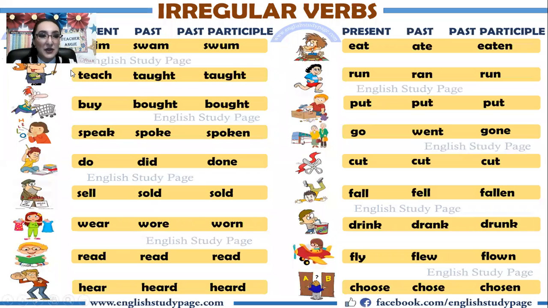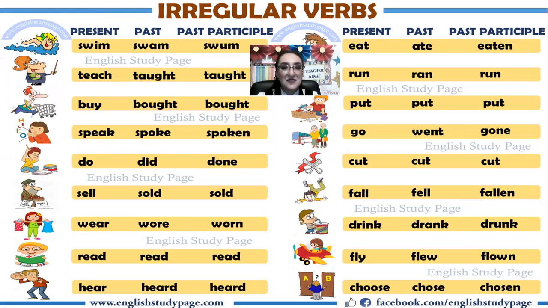And also, you are going to be having super lists of English verbs. Swim, swam, swum. Teach, taught, taught. Buy, bought, bought. Speak, spoke, spoken. Do, did, done. Sell, sold, sold. Read, read, read.